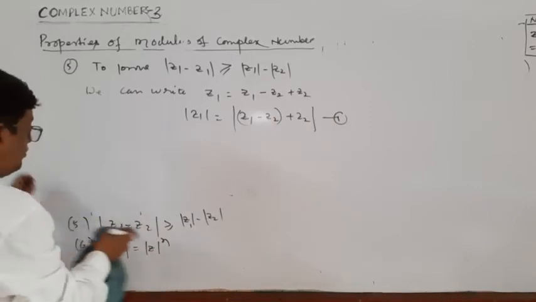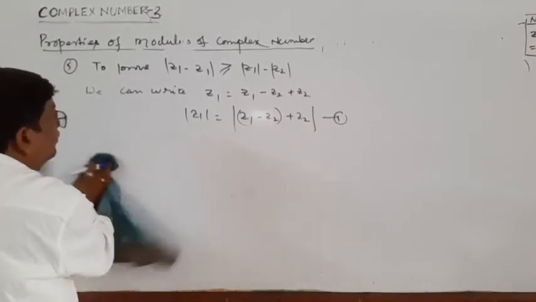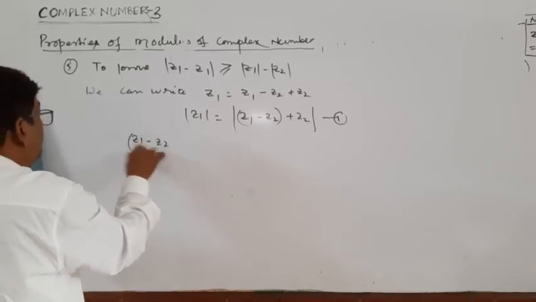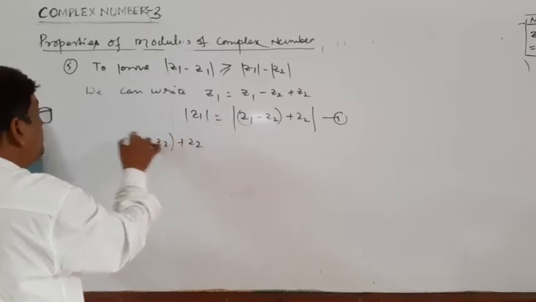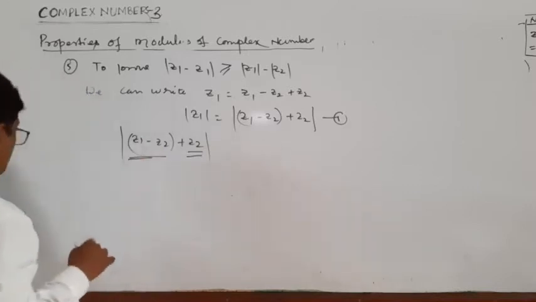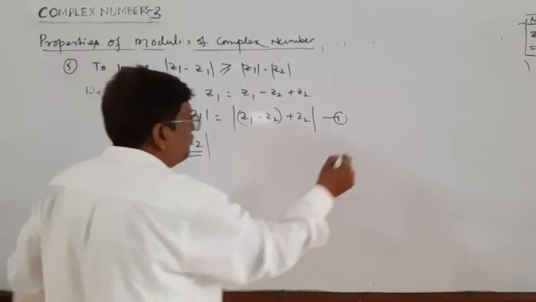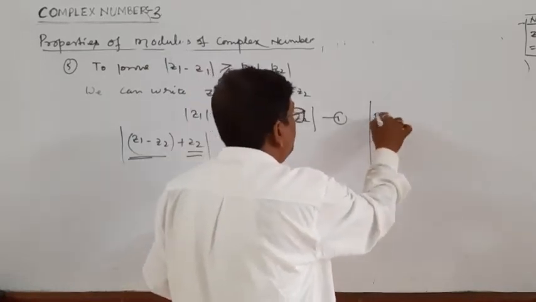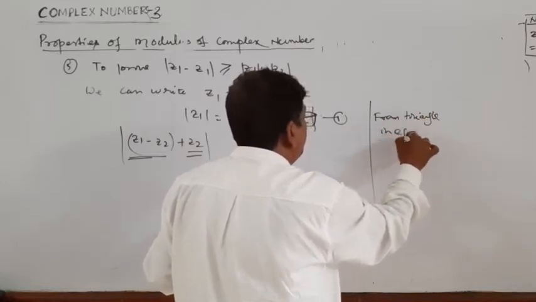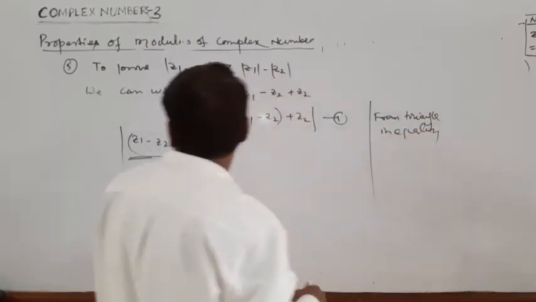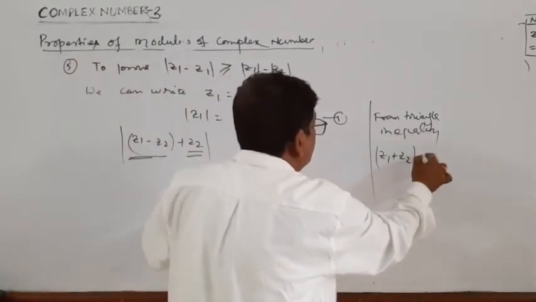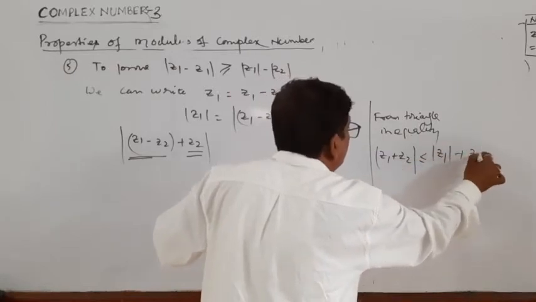Now this is what? Z1 minus Z2 plus Z2 mod. Suppose this is Z1 and this is Z2. By the triangle inequality, that is property number 4, mod of Z1 plus Z2 is less than or equal to mod of Z1 plus mod of Z2.